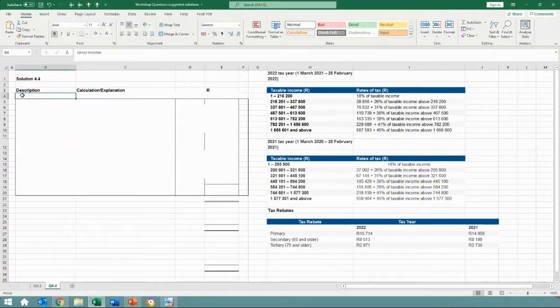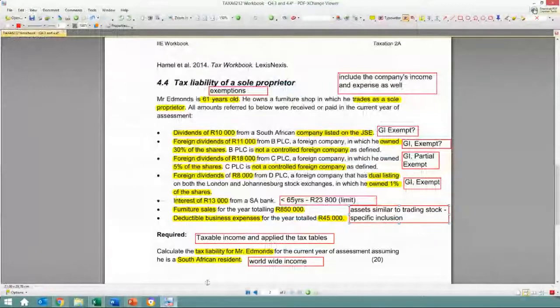Okay, so normally with a question like this, what I want you to do is start with the framework. So you give the different indications. So is it gross income? Is it exempt income? And then the deductions, and then you fill in the information. Now I've included the tax tables. Now because this question says it's for the current year of assessment, they need to be a bit more specific, but our current year of assessment for this year is the 2022 year of assessment.